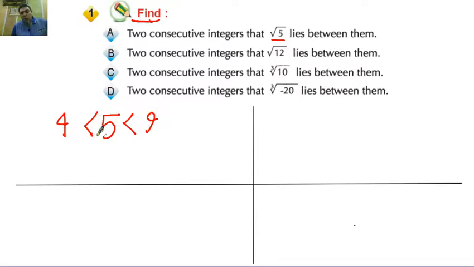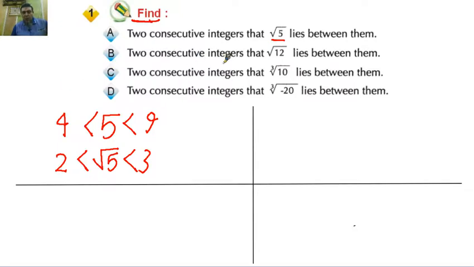By taking the square root of all three sides, square root of 4 equals 2, square root of 5 stays square root 5, and square root of 9 equals 3. So square root 5 is between 2 and 3, two consecutive integers.